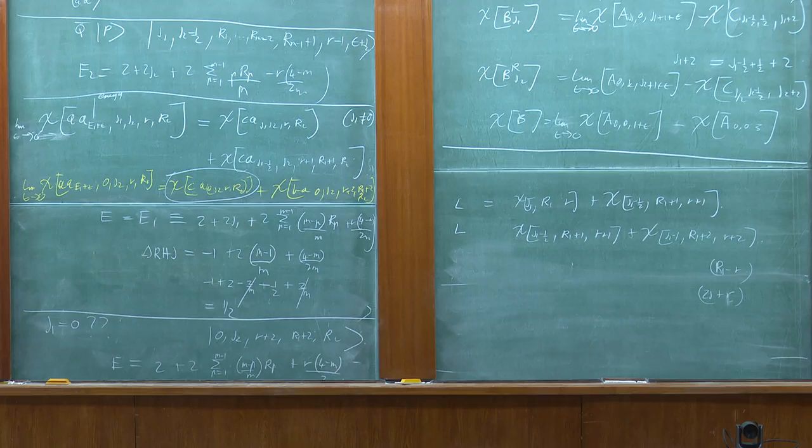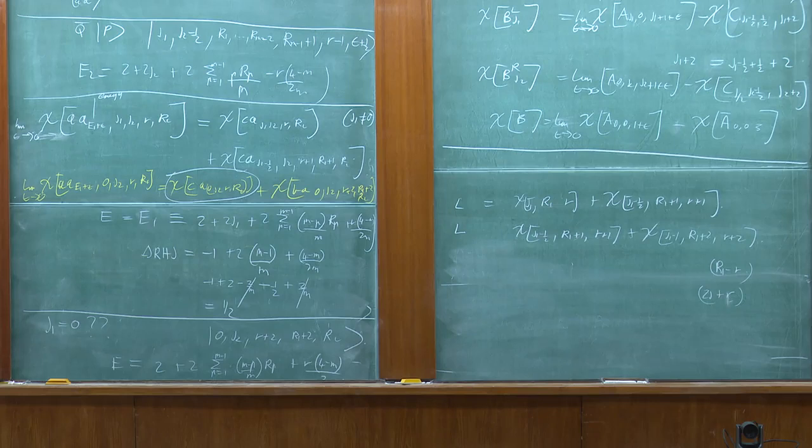R1 cannot go below 0. It's the number of columns of length 1. Okay? So there's one bound there. Also J1 cannot go below 0. So there is another bound there.